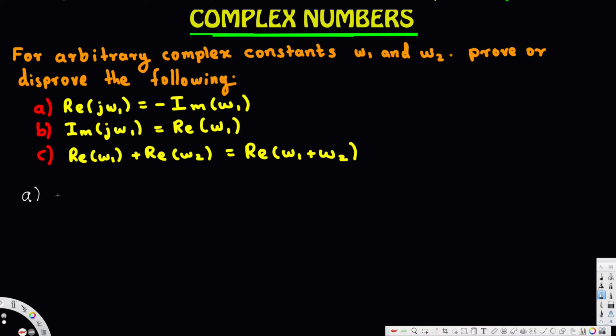Let's say our complex number is w = x + jy. Now we want to prove the real part of jw1 is equal to the negative imaginary part of w1.